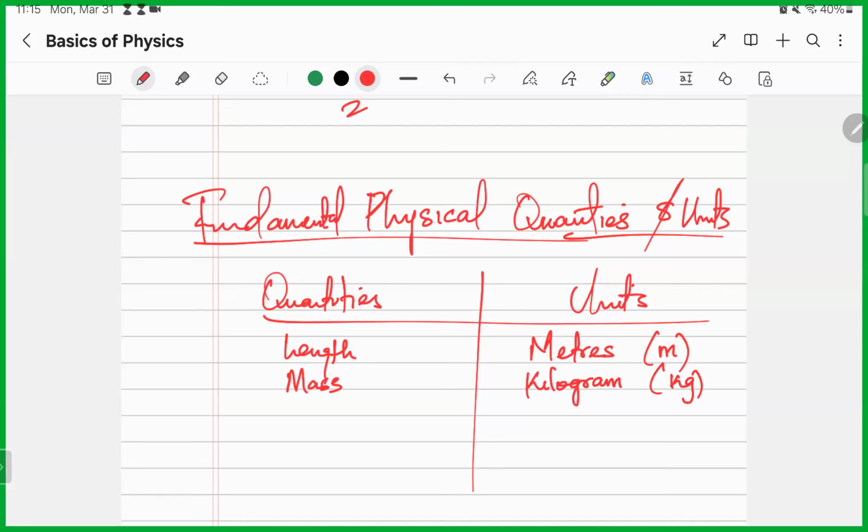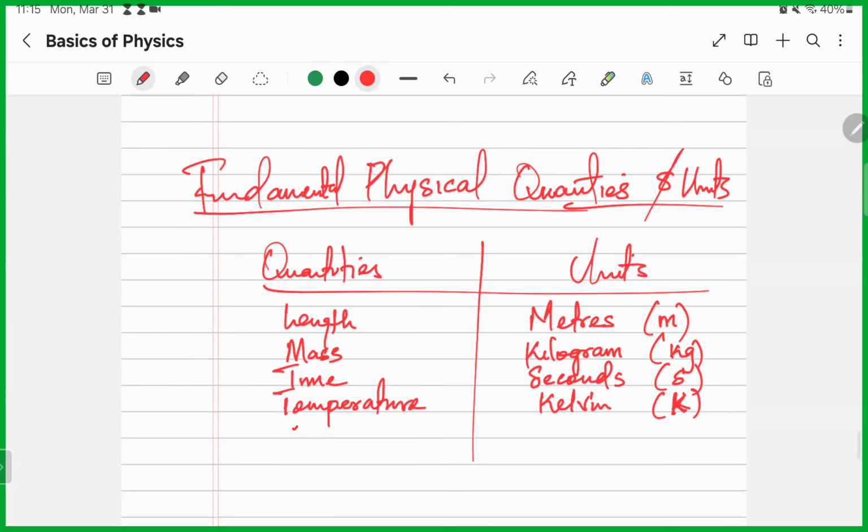I'll say time, and the unit is seconds, S. I'll say temperature, and the unit of that is Kelvin, which I'm going to put as a capital K.